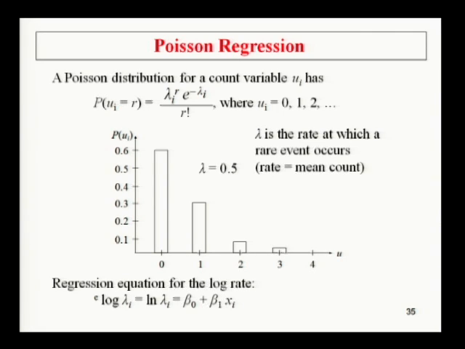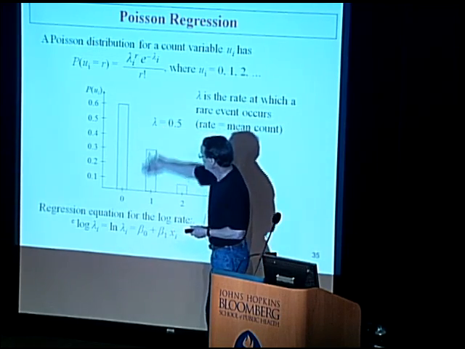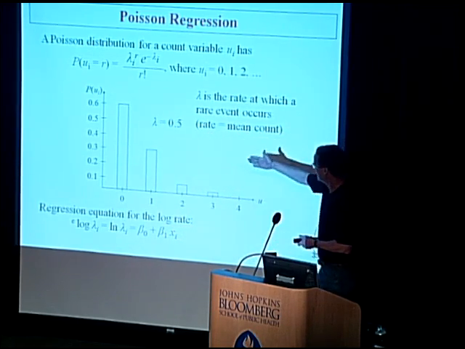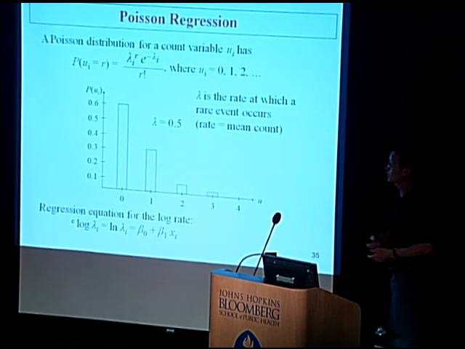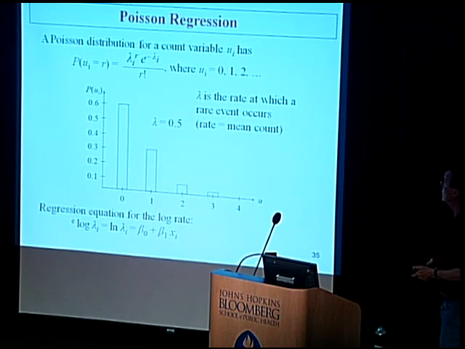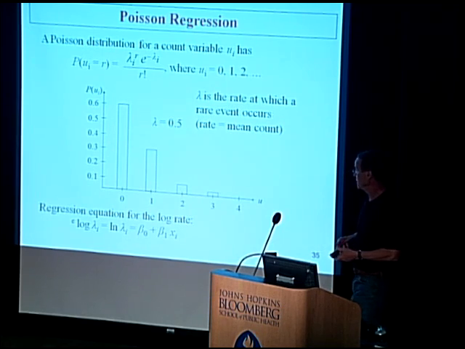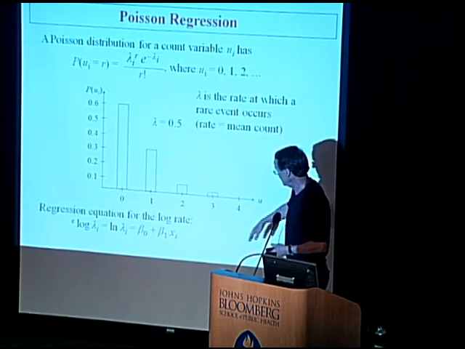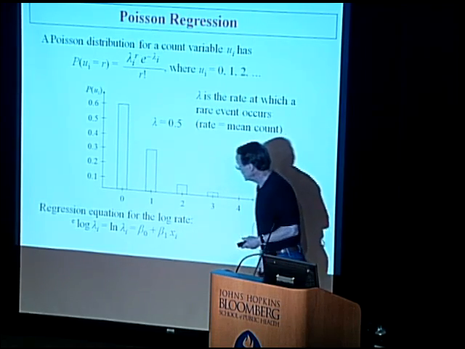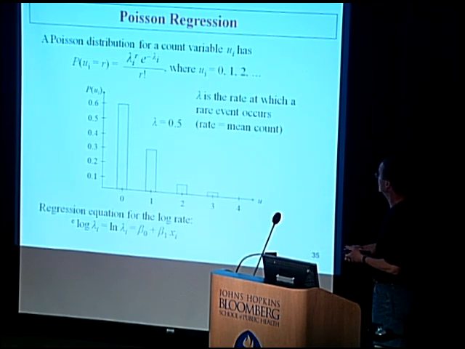So if the mean is low, in this case 0.5, you're going to have a lot of piling up at 0. If the mean is very high, the distribution is going to move away from 0 and it's going to look almost normal. Now, in Poisson regression, as always we start with the regression building blocks, we formulate a model for Poisson as a function of x, x being, say, age, and the count may be a frequency of heavy drinking in the last month.